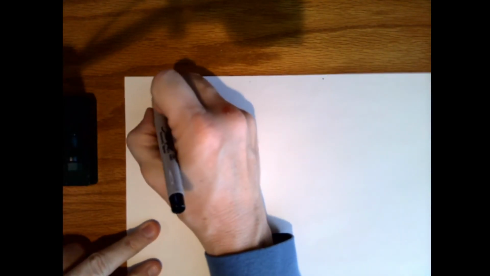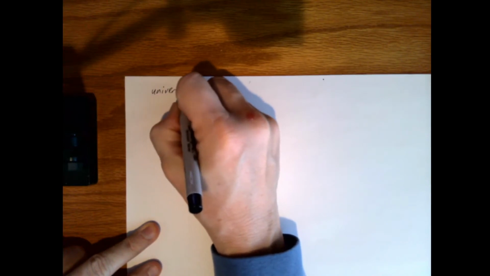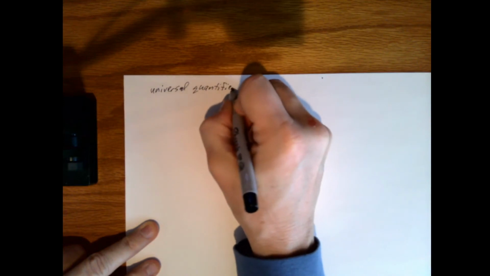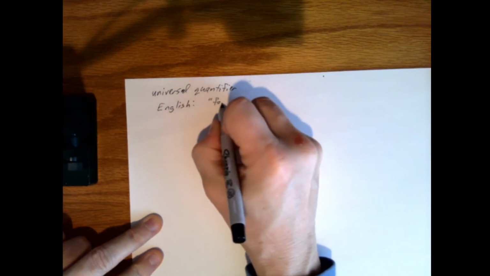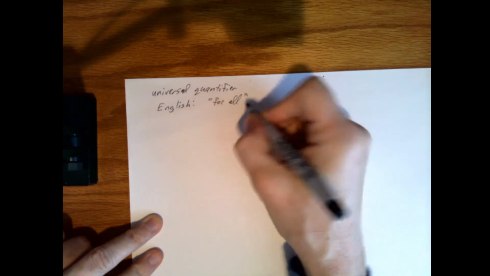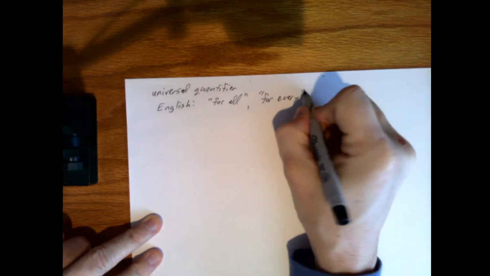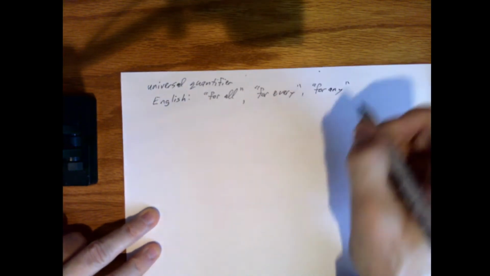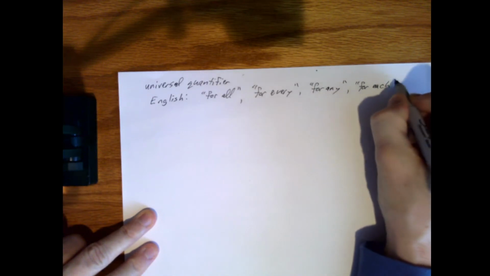Well, let's write this down. So for the universal quantifier, in English, we'd have things like this. For all, for every, for any, for each, and probably some others.